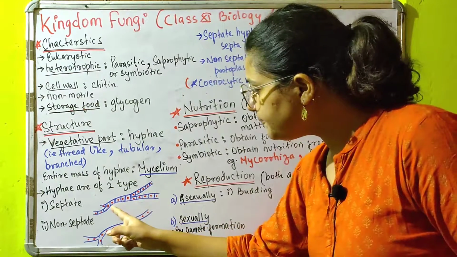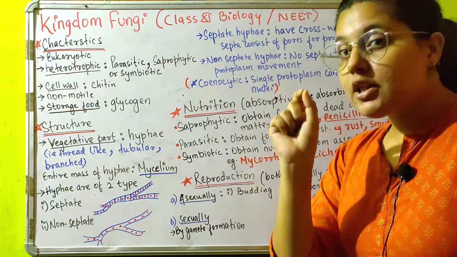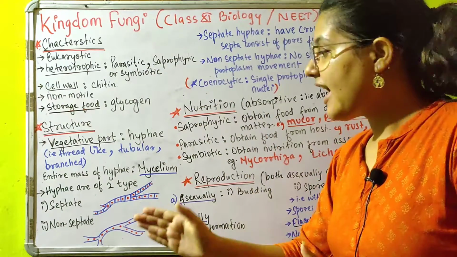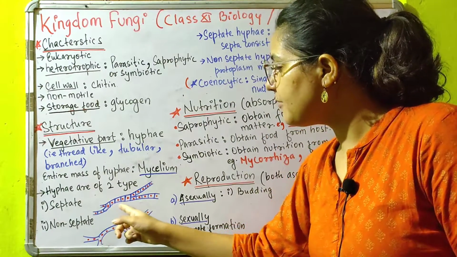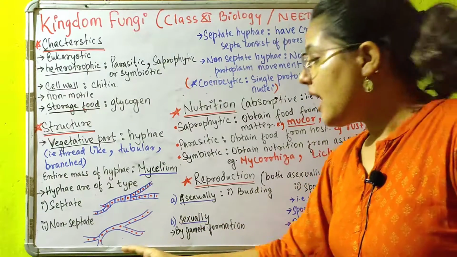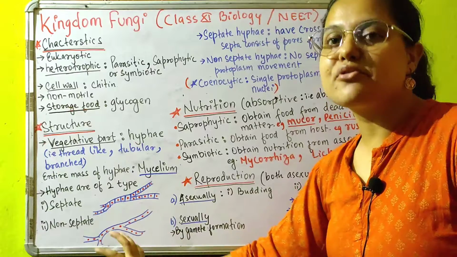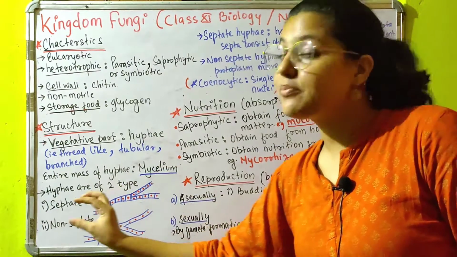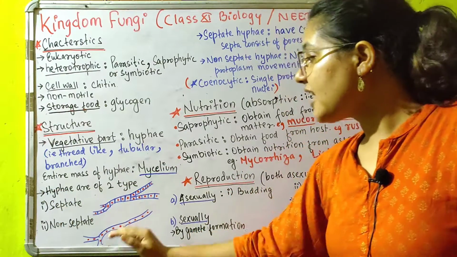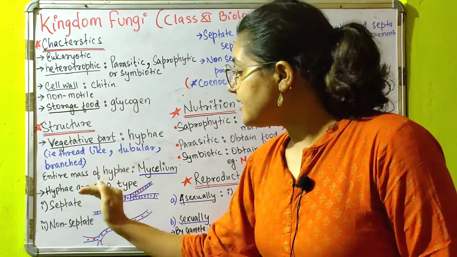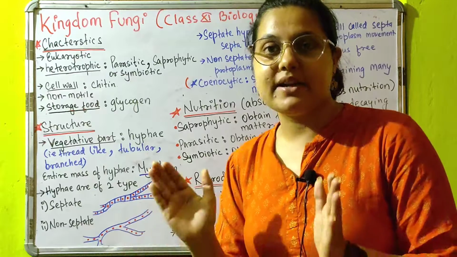You see the boundary: the protoplasm has been divided with the help of a septa, a membrane. And here the protoplasm is not divided; there is a single protoplasm, but here there are multiple protoplasms. This type of hyphae is known as non-septate hyphae, and this type is known as septate hyphae.